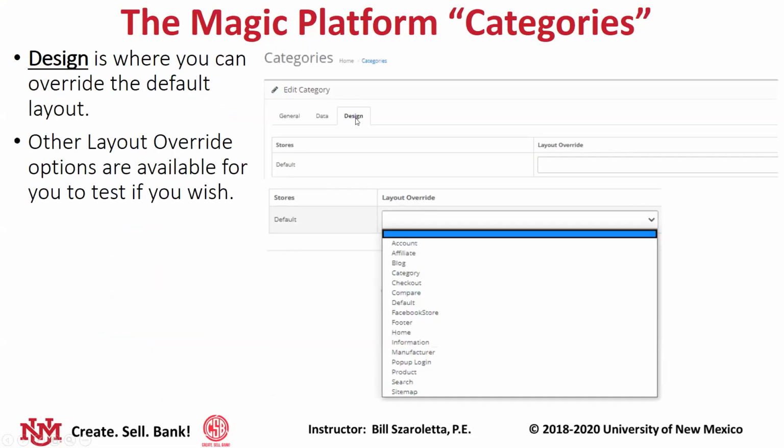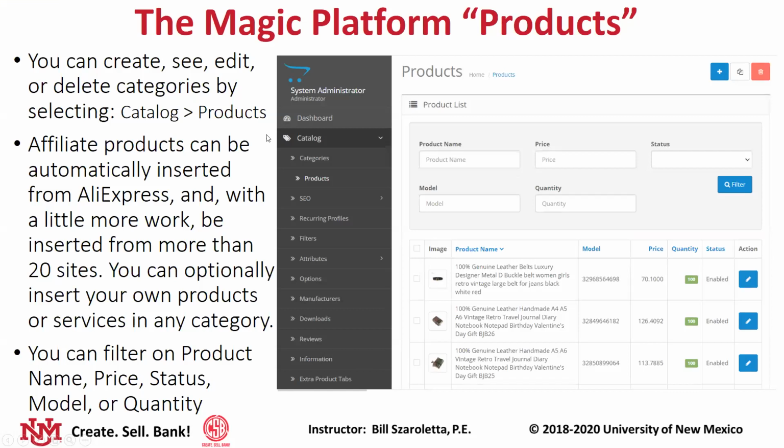So design is the third tab, and this is where you can override the default layout. And this is advanced stuff, and I'm just showing it to you so you're not surprised when you're looking through this. Now, the next one down, catalog, we just went through categories. Now in products, these are all the products that are in your store.